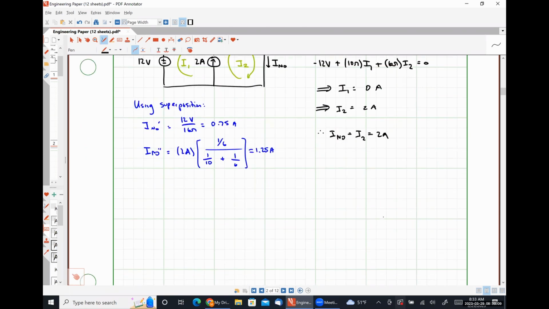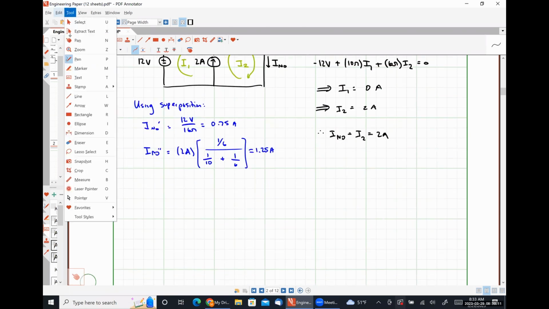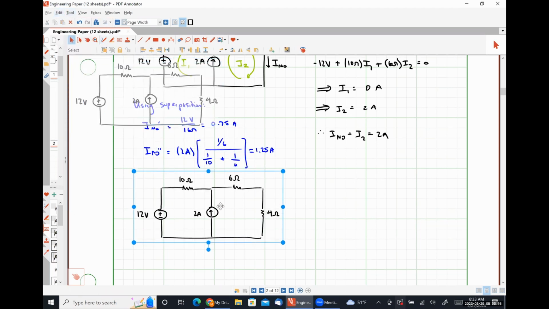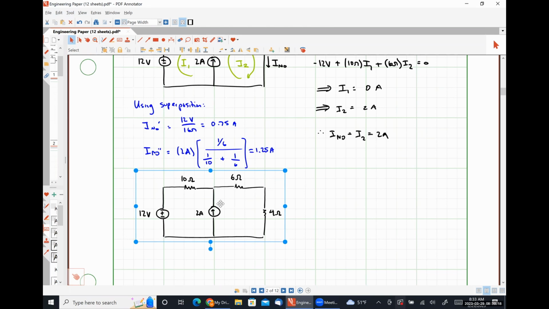So from here, we could say that our original circuit is electrically equivalent to this circuit.